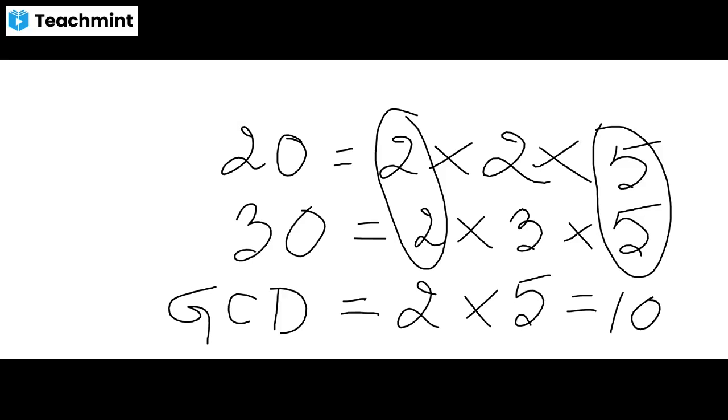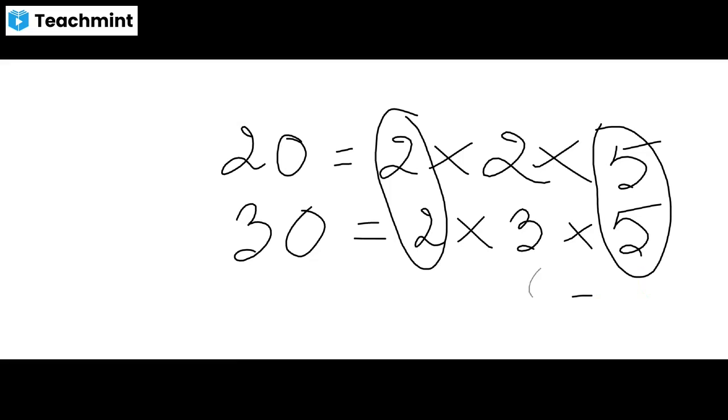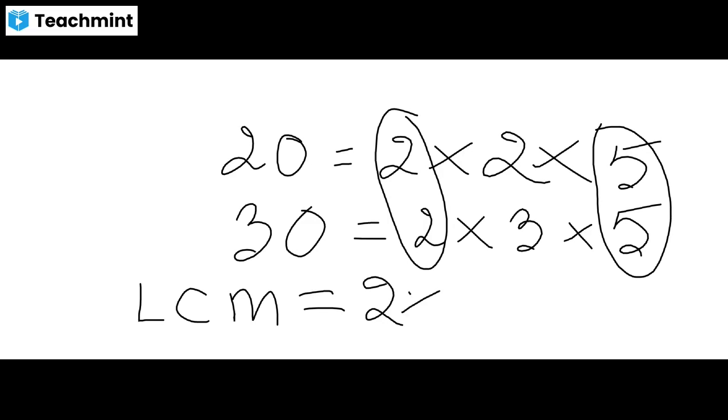Now, quite similar to this, if we want to find the LCM from their factors, LCM is, just like GCD, all the common factors and also the remaining other factors which are not common.